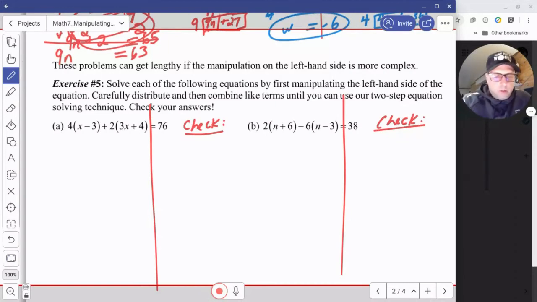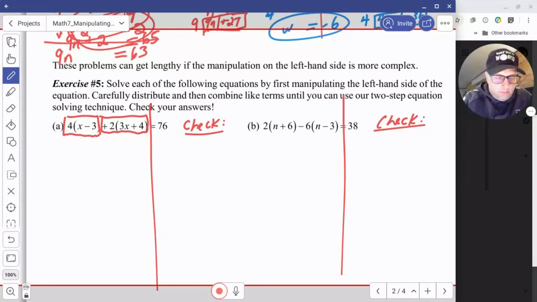So 5A, here's a distribute, and then here is another one. So 4 times x minus 3. I'm going to try to squeeze them down here.